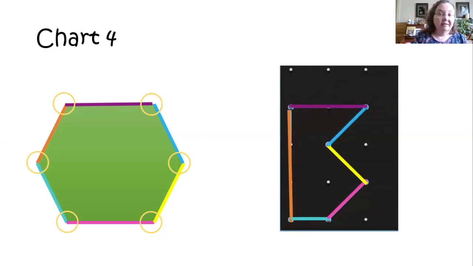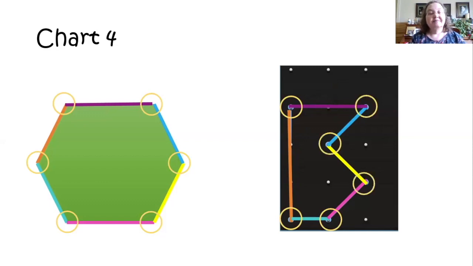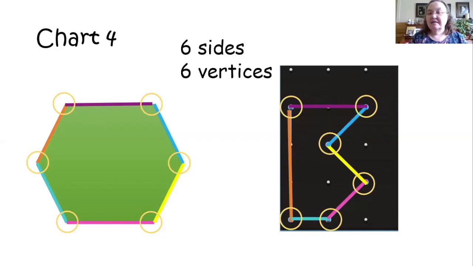It looks way different, but it still has 6. How many vertices and angles do you think it has? Let's count them. 1, 2, 3, 4, 5, 6. So we could say everything in this chart has 6 sides, 6 vertices, and 6 angles.